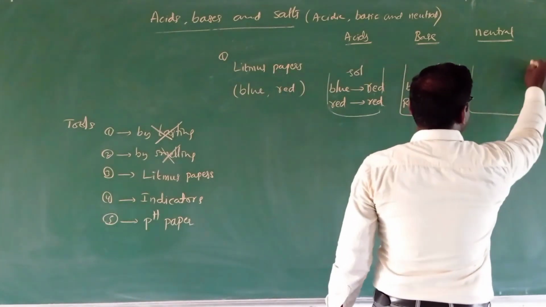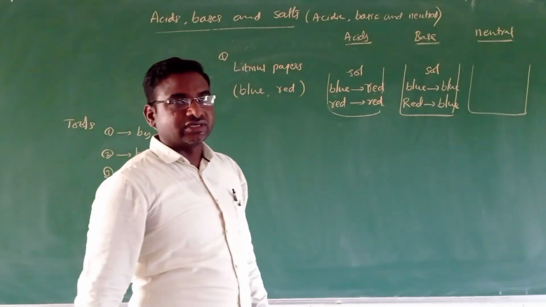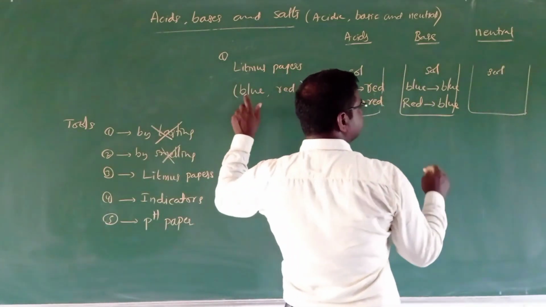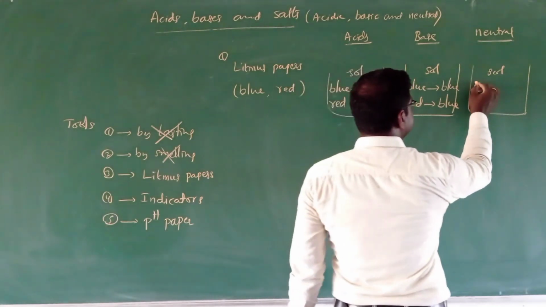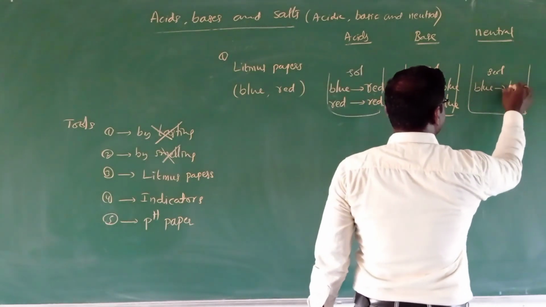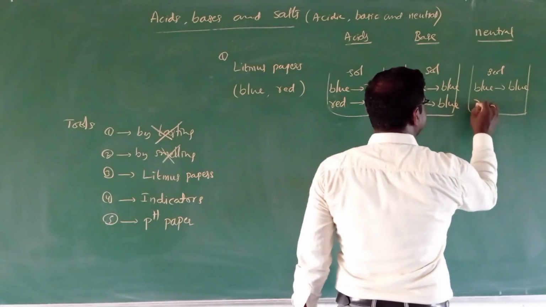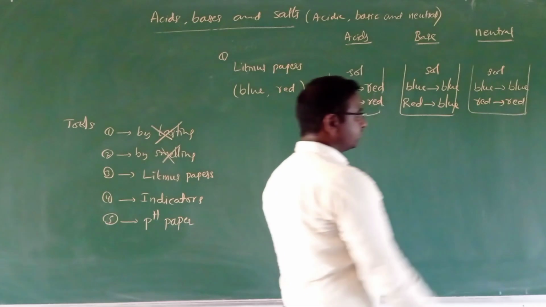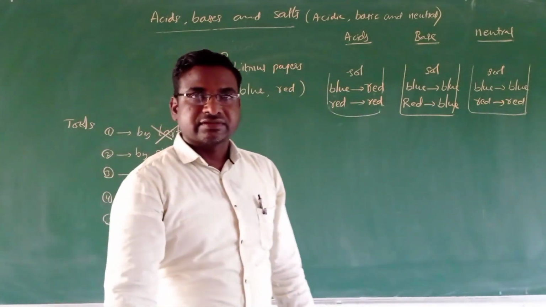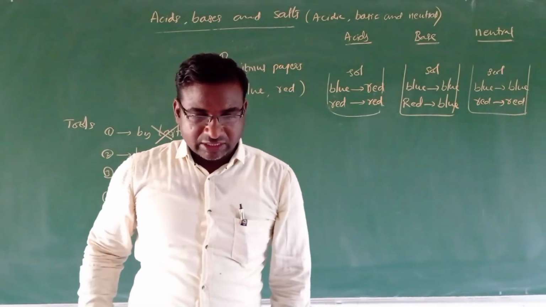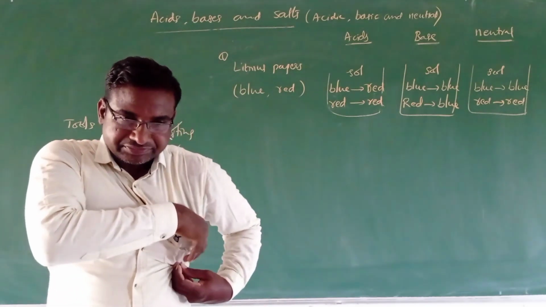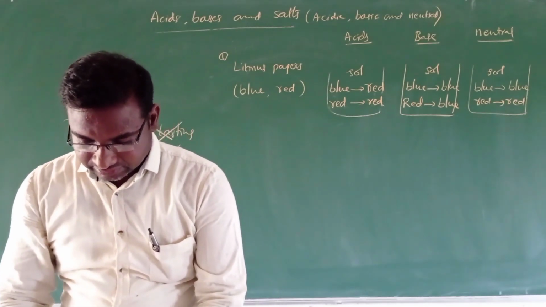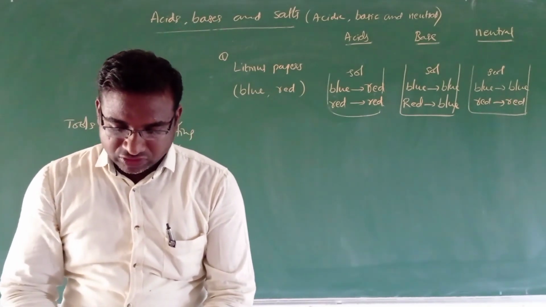If it is a neutral solution, the litmus papers won't change their colors. Blue remains blue and red remains red only. Let us see in the experiment how the blue litmus and red litmus papers change their colors. Here, this is the blue litmus paper.